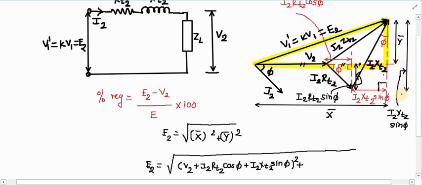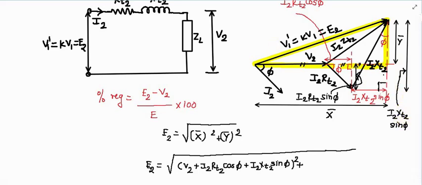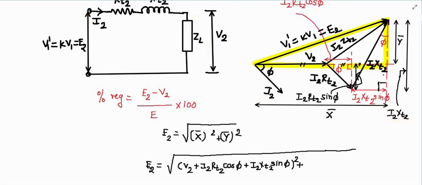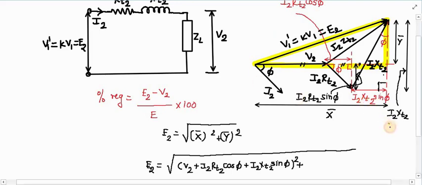Sorry, this is not the sine of phi. Sorry for that, this component will be cos of phi. Horizontal component is this. So this will be your I2 XT2 cos of phi.